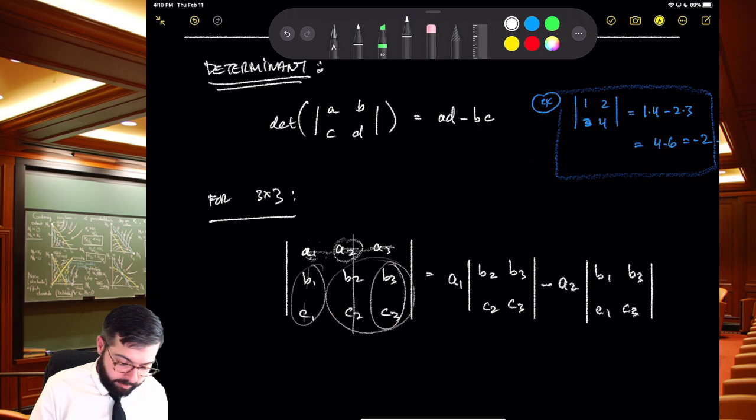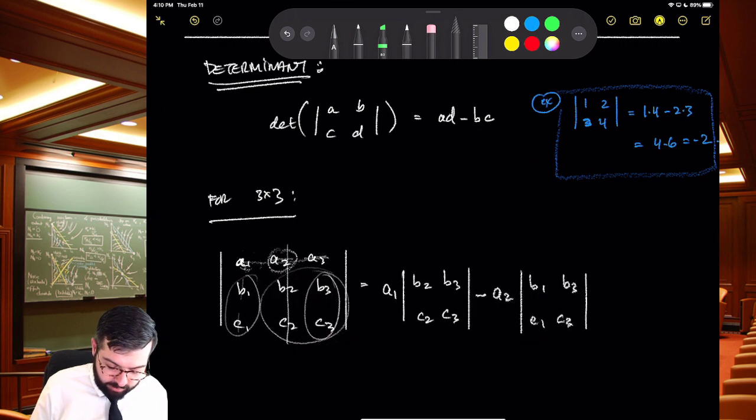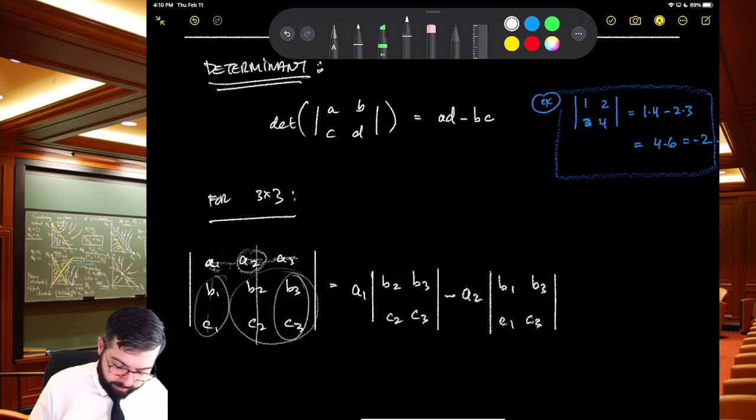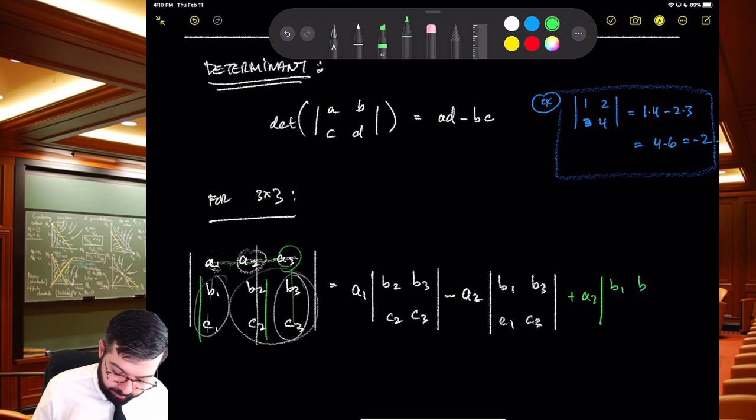Of course, I didn't leave myself room, but I have an iPad. Magic. And then same thing for the last one, right? Don't think about the row or column this is in. Take the determinant of plus A3, determinant of B1, B2, C1, C2.